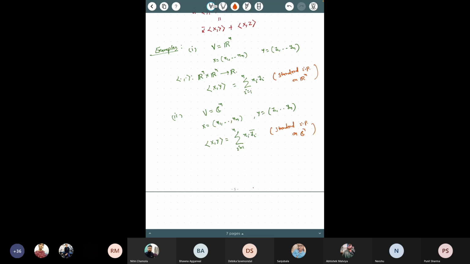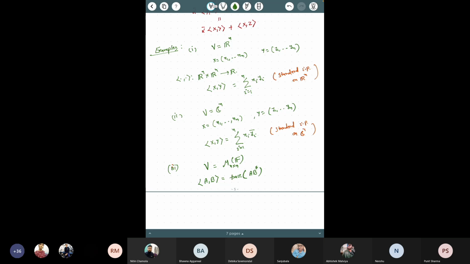So let us consider the space of matrices first. Let us suppose that V is the vector space of n cross n matrices over the field F. Then we define a function from V cross V to F by using the trace of the product A B star, where star is the complex conjugate transpose of a matrix.